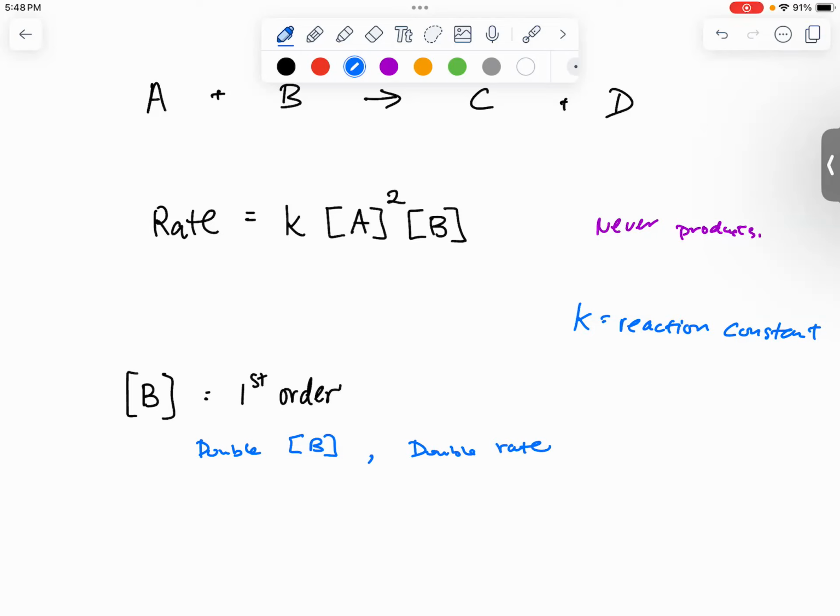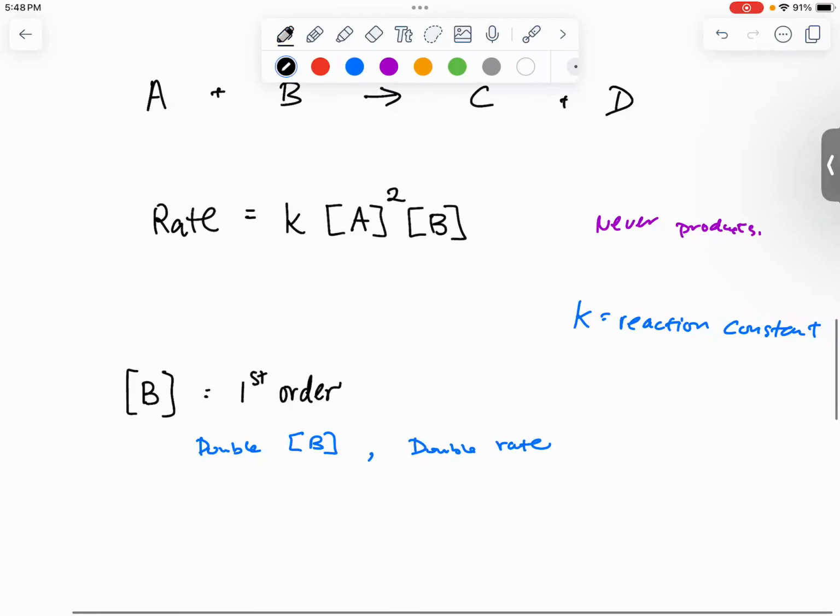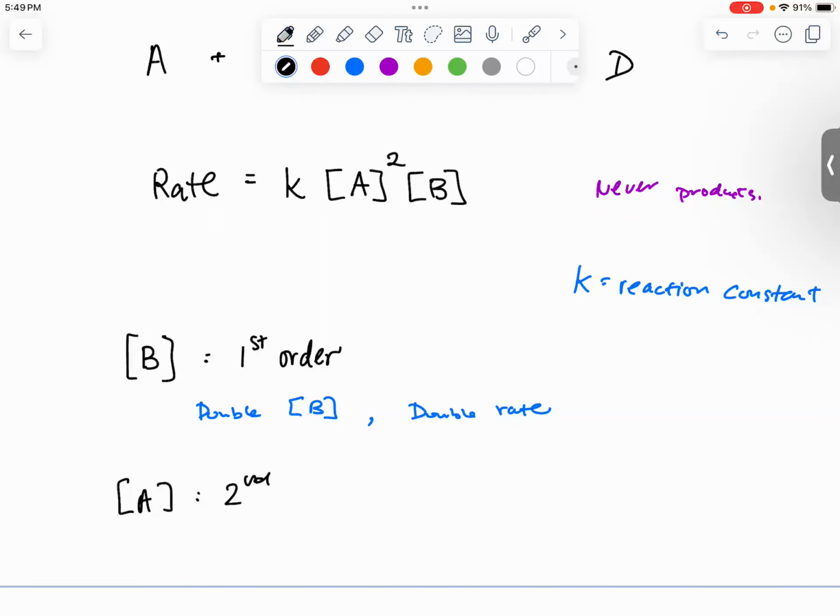And if B is first order, obviously A can't be. We'll get into that in a moment. This is what I am afraid of, that we are trying to move too fast, because there are some numbers that could be confusing, and you have to be very clear about the definition so that you know when to use some numbers and when not to. What about A? If B is first order, A is second order.